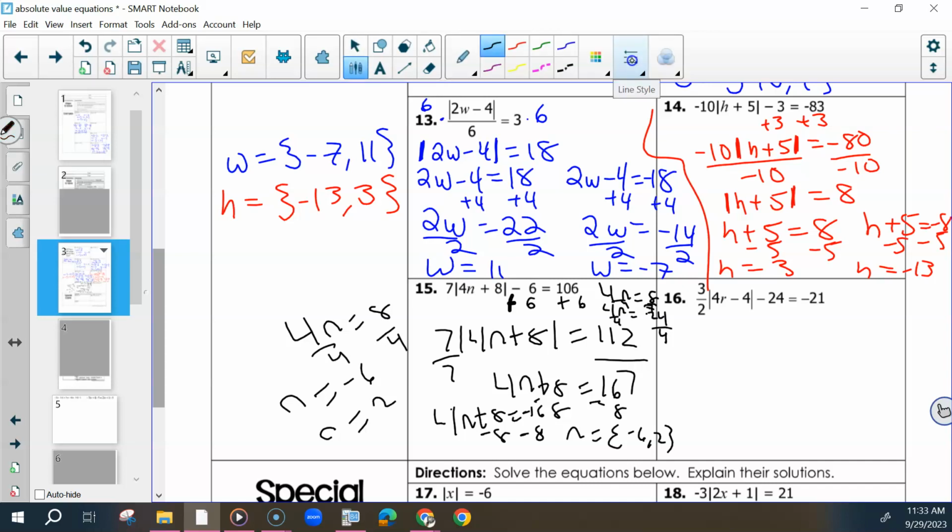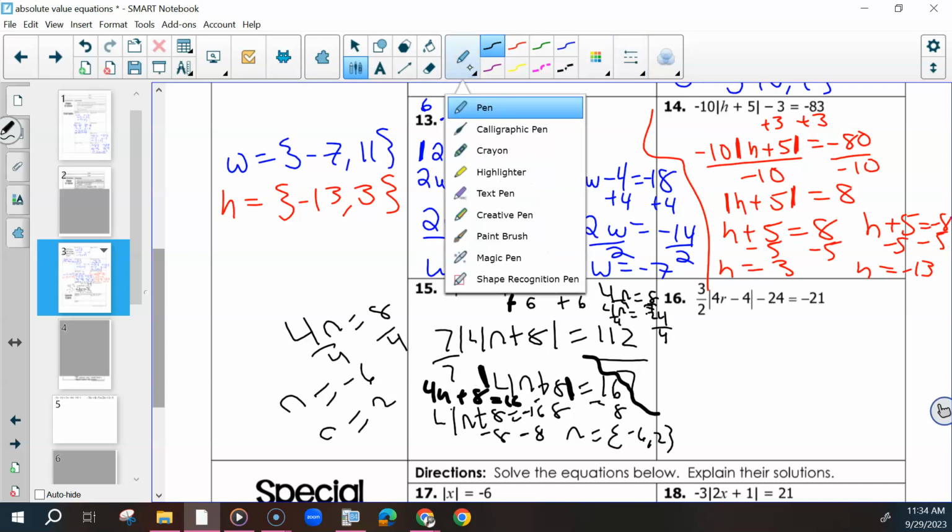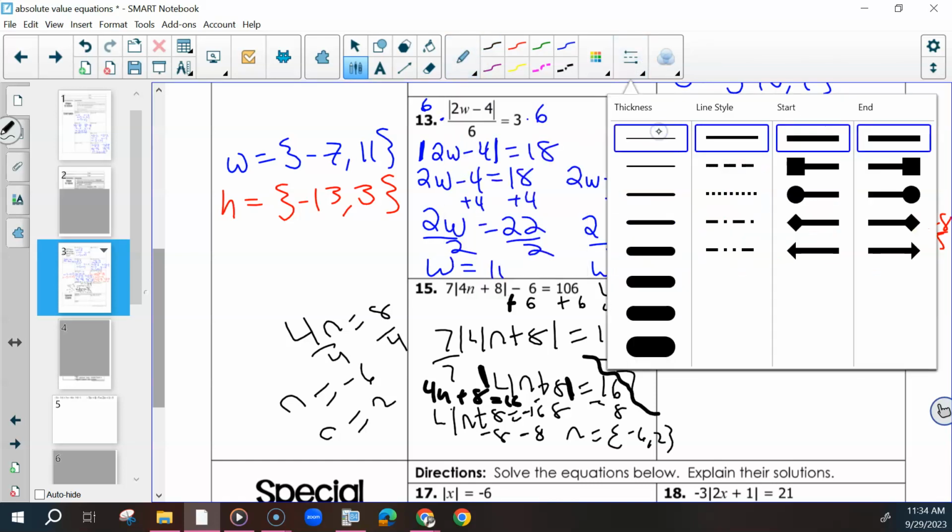Good, yeah, fix a couple things. So as you're solving, this should still be in absolute value to show that you isolated it. Then you should have your two equations. You'll need to change the thickness in the 3 lines. And then tap again. Yep.